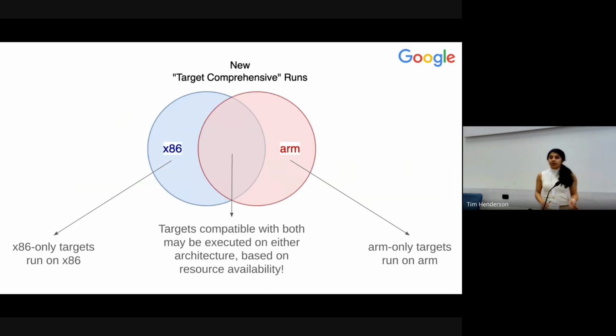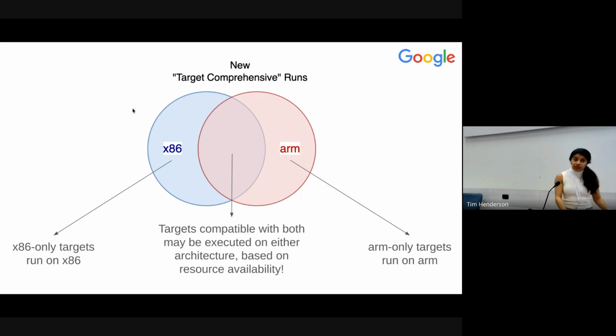Because targets can indicate which machines they're compatible with, and because Bazel is capable of telling us which targets are only compatible with one or the other, and because we've spent all this time building a centralized configuration system, we can be much smarter about using some resource awareness: which machines are actually occupied, how heavily are they occupied, and do we have any insights into how expensive these builds are going to be if we schedule them on one or the other.